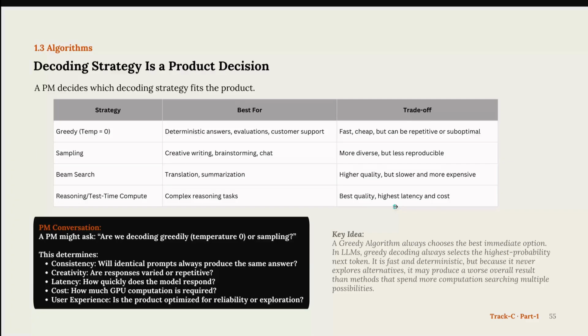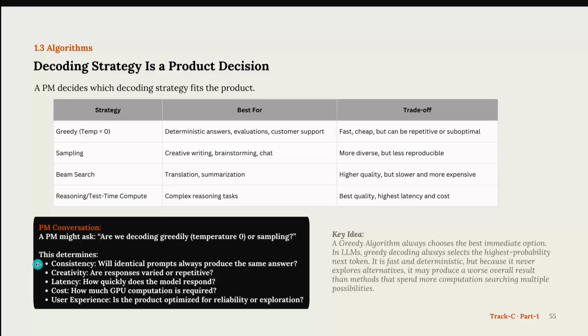Okay, the PM conversation that we are going to have is, as a PM, I'm always asking: are we decoding greedily? Are we sampling? Are we being more creative, or are we being very deterministic in nature? Because this will determine the consistency with which we reproduce answers, and the creativity.